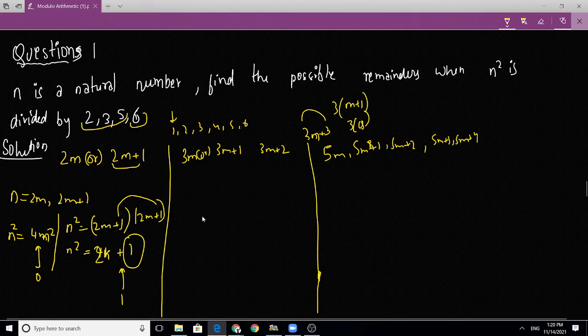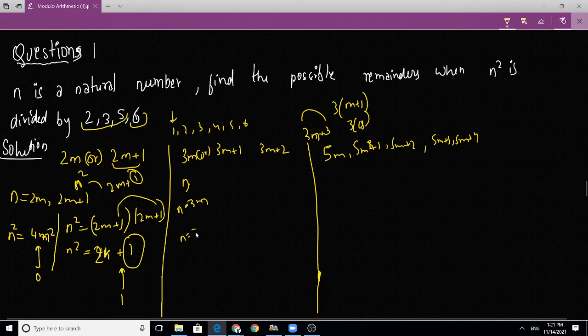So there's something different I want to say. If I have something like 2m plus 1 and I want to find the remainder when n square is divided, just square the 1 here. What is the remainder when n square is divided by 3? If n is of the form 3m, then it's obviously divisible by 3.